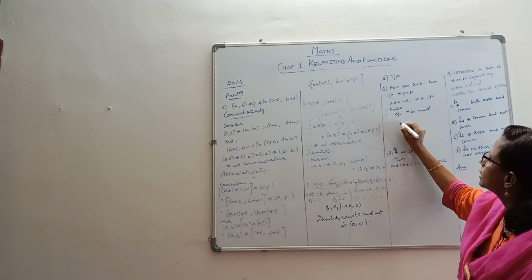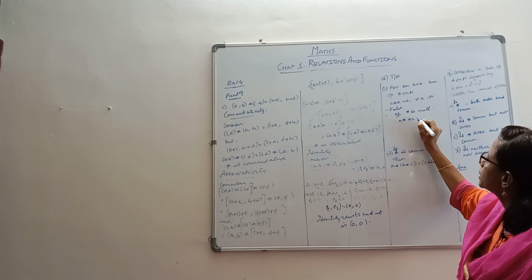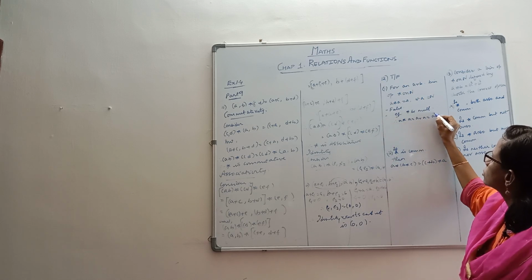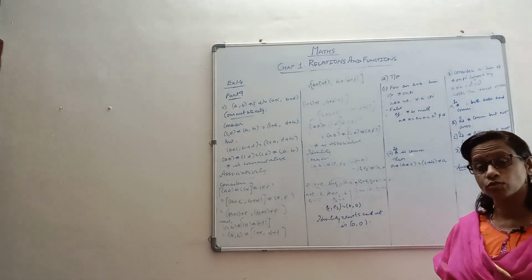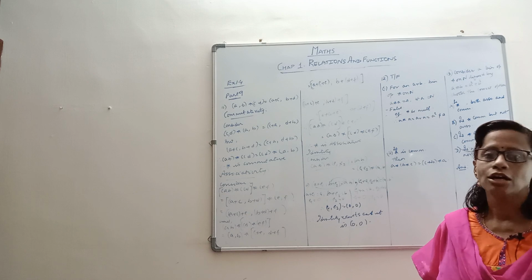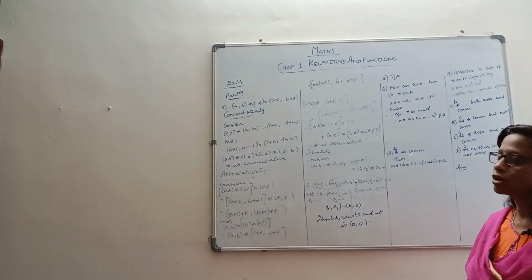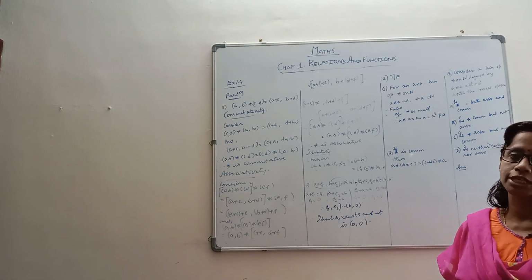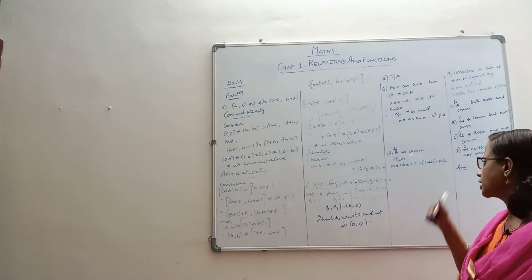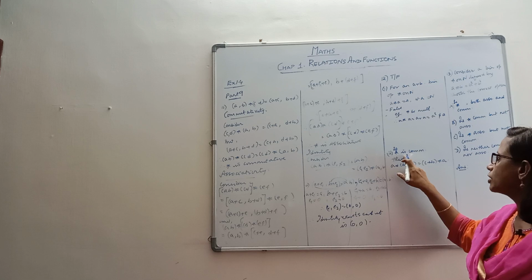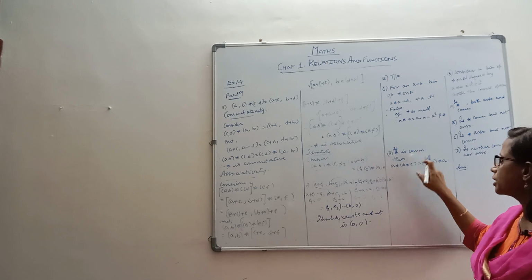Then A star A will be A into A, that is A squared and not A, isn't it? Does it become A? It becomes A squared, and A squared is very different from A in natural numbers. So that is why it's not like that when you have a binary operation, A star A will become A. It does become so in some cases but not always, right?